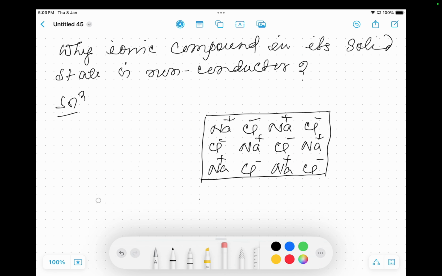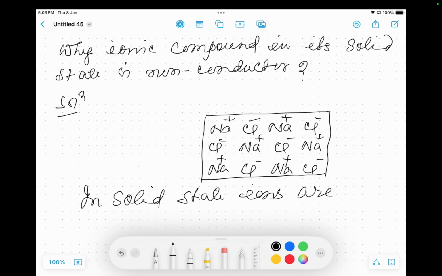So ions in solid state are closely packed.